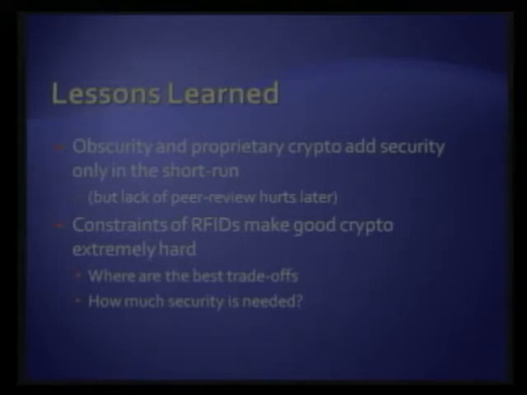We saw several weaknesses that can be fixed really easily without any cost overhead. The random number generator, for example, just by using a different type of flip-flop that is already found on the tag and other places, you could improve the randomness a lot. So obscurity for security, again, doesn't work.